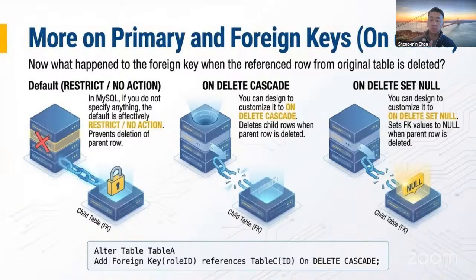Two solutions, or two customizations, you can have. The first one is what we call on delete cascade. Okay, let's take a look at how I would write that. Look at the bottom over here.